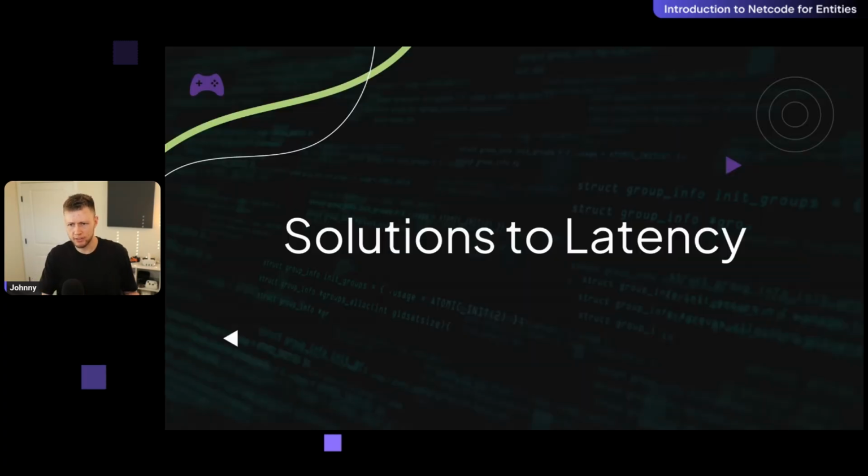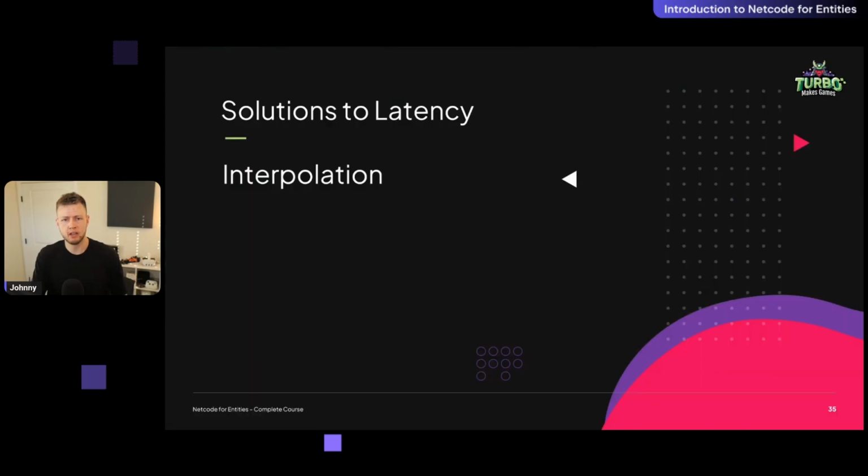So let's talk about some of these solutions to latency. One of them is interpolation. Interpolation is basically a way to smooth out the data received from the server. It's going to have some previous data and some current data, and it's just going to interpolate that data from one point to the next.